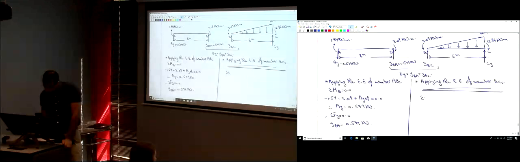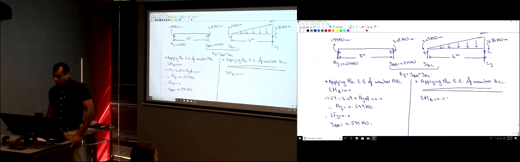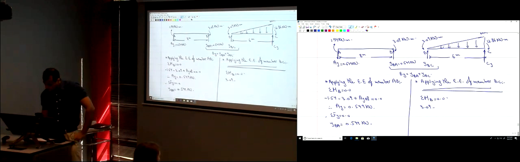The summation of the moments about point B is equal to 0. So I have 3.09 minus 12.86 plus Cy multiplied by 6, right?